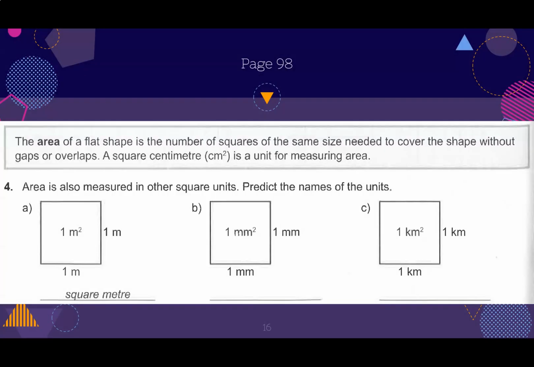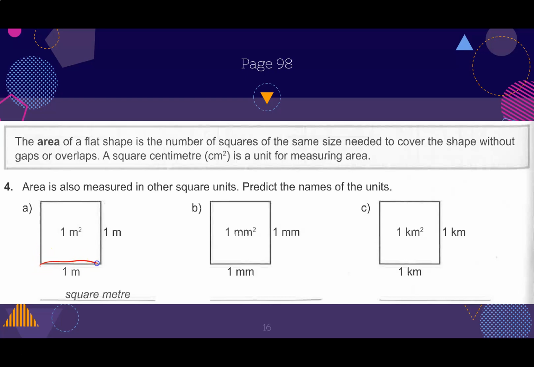Question 4. Let's read the box above before we begin. The area of a flat shape is the number of squares of the same size needed to cover the shape without gaps or overlaps. A square centimeter is a unit for measuring area. Area is also measured in other square units. Predict the names of the units.